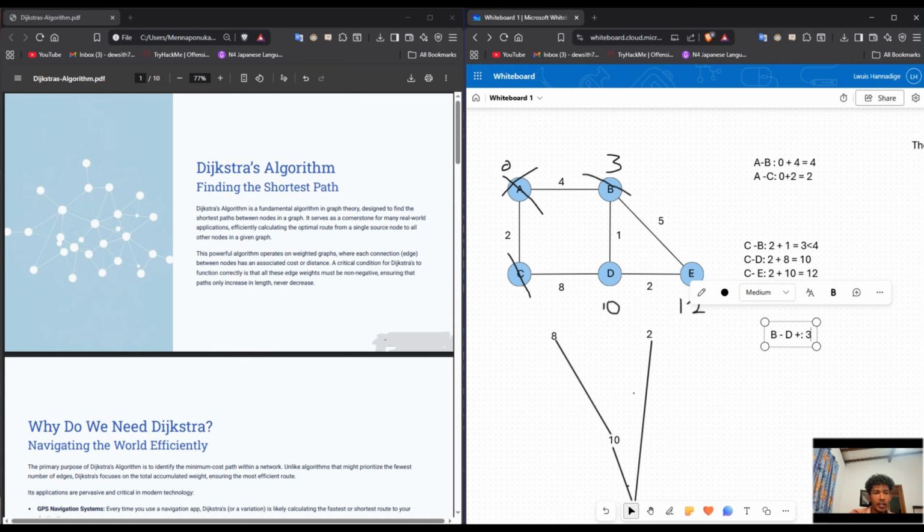Now the initial distance is not 0, it's 3, plus 5. So now the distance is smaller than the value we found initially. Now we have to update. We are erasing the 10 and updating the new distance as 8, because we always get the shortest distance.